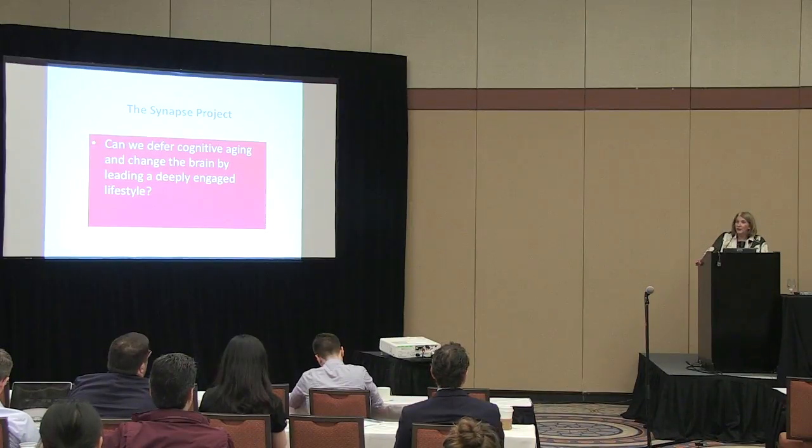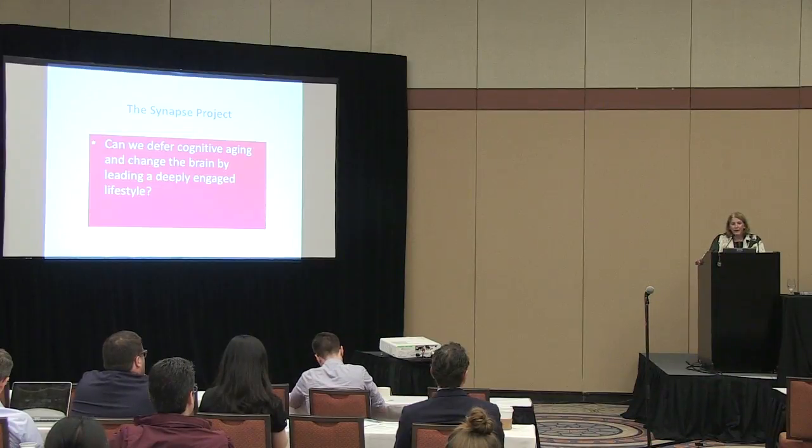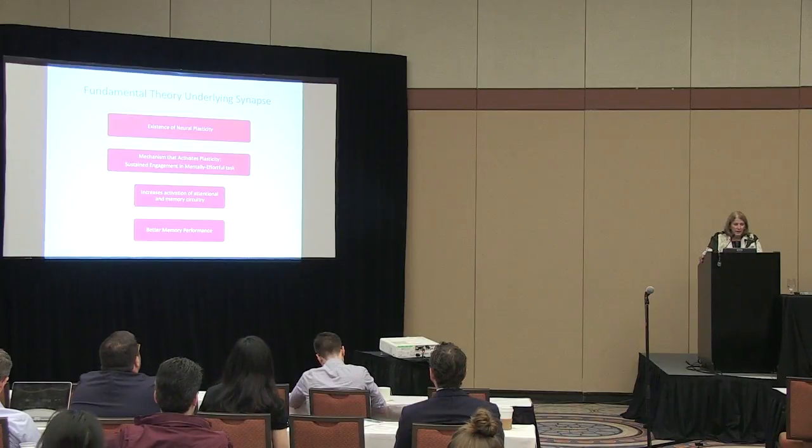We all think that's probably true, or many of us think it's true. But actually there's almost no research on it in humans other than correlations, because how do you randomly assign people to lead an engaged lifestyle? So I really wanted to do this, and I came up with a mechanism that I thought would work, but here's sort of the scientific reasoning behind this whole thing.